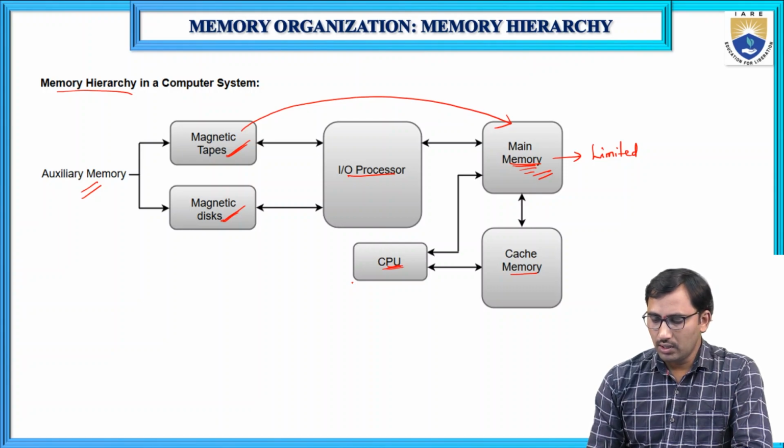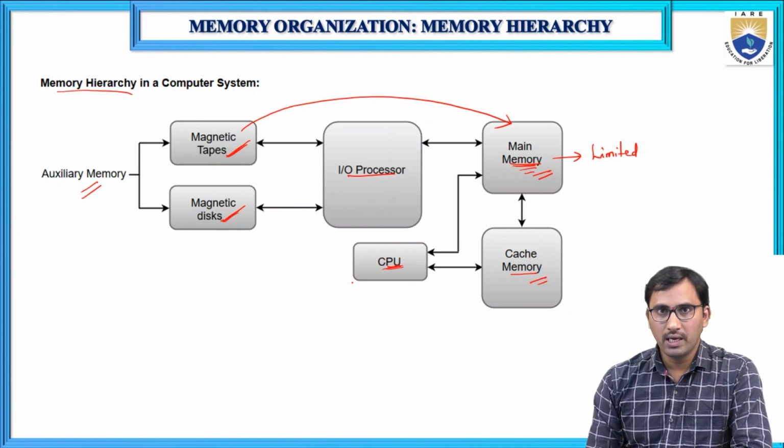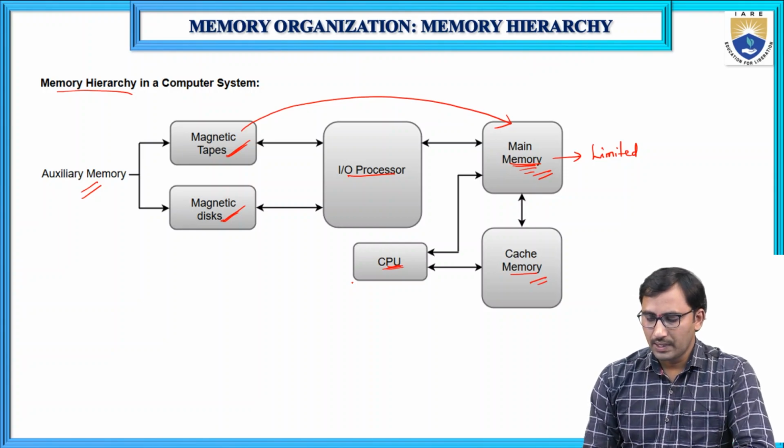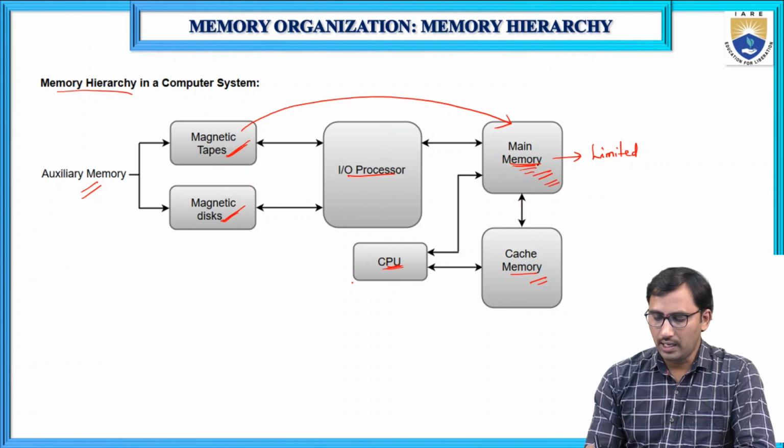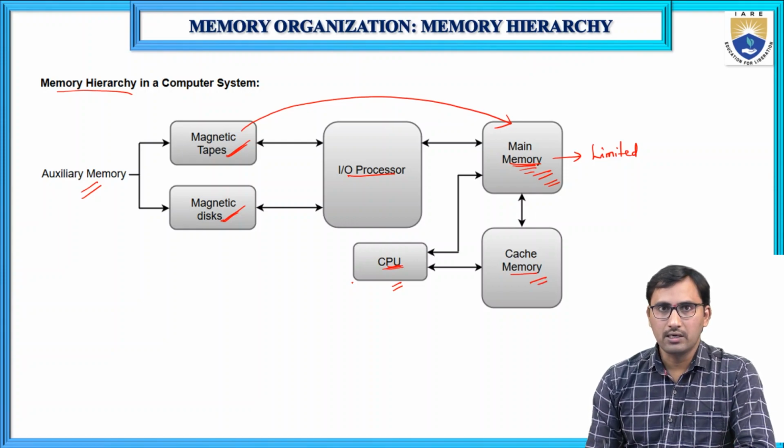Coming to the cache memory, it matches the data transfer rates of the main memory and the CPU, because the cache memory is very fast but small in size. The CPU can access data from the cache memory at a faster rate than from the main memory. When the CPU accesses any data, first it checks the cache memory.